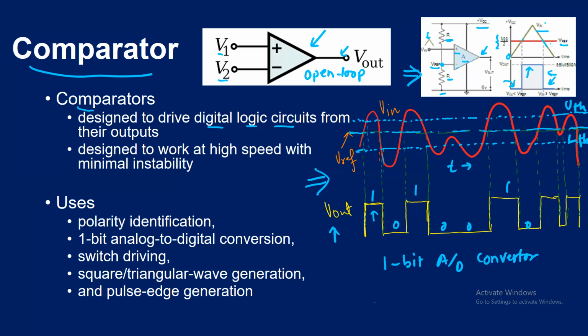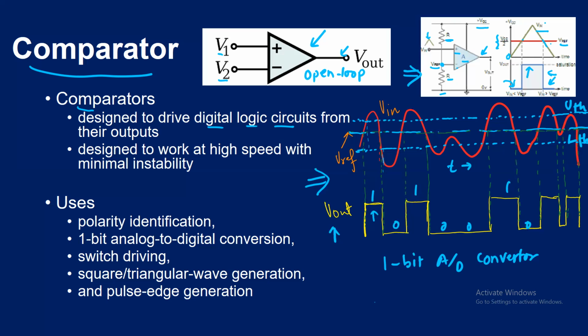However, there are situations where the input is noisy, so there could be a problem with an operational amplifier or any amplifier used as a comparator. The noise may cause false switching between the states, that is logic 1 and logic 0.